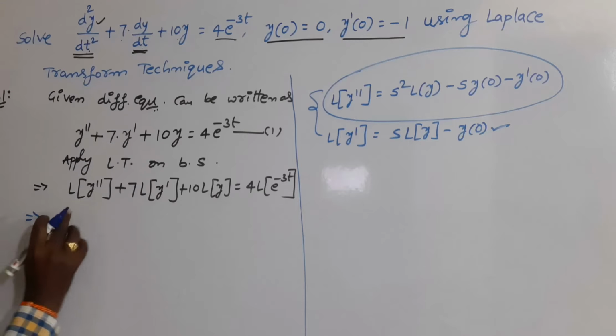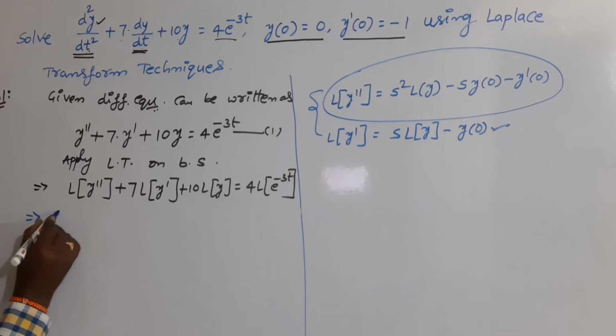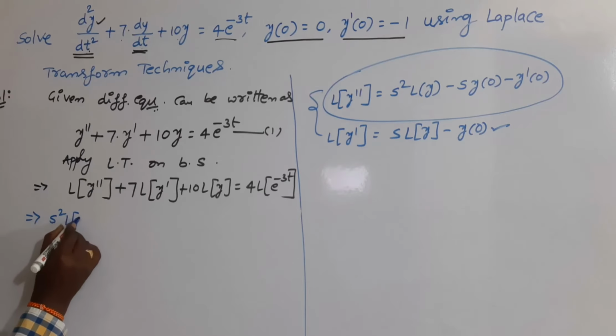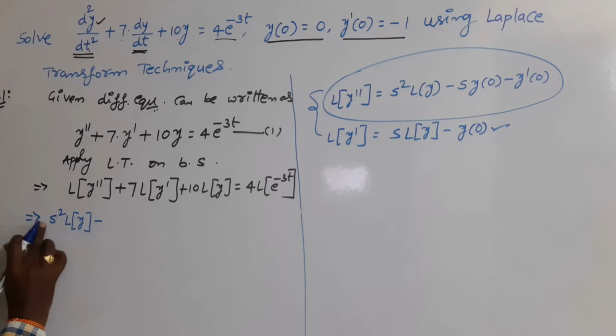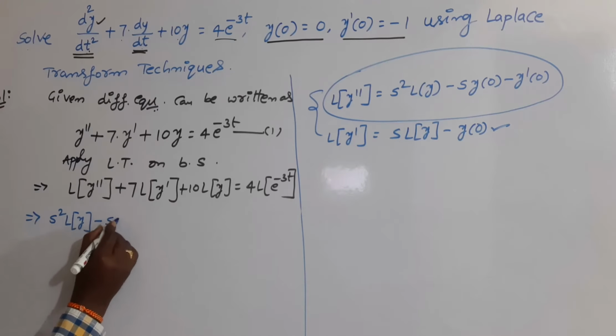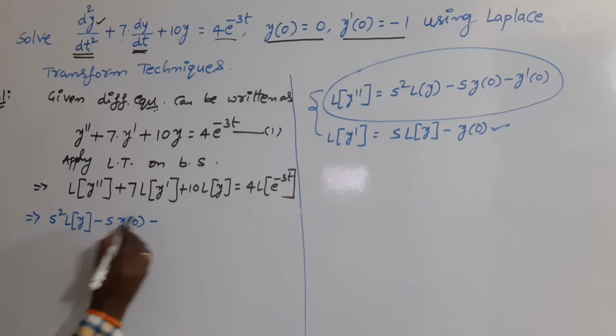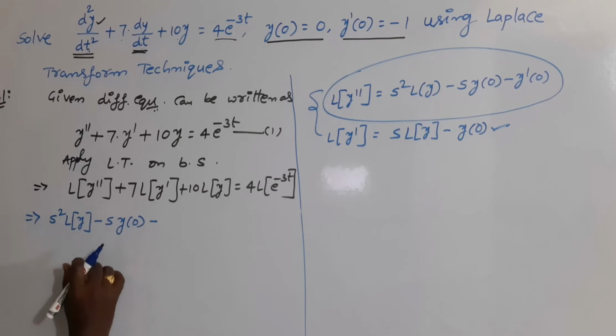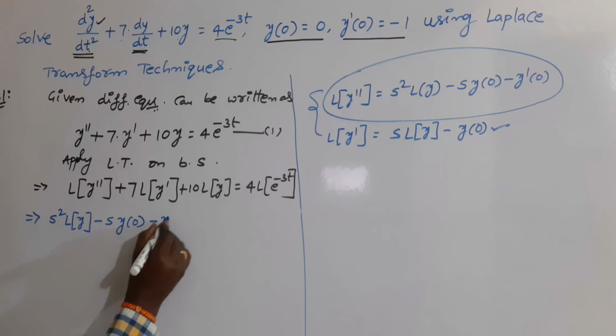What is L of y double dash? s square into L of y minus s into y of 0 minus s power 0 into y dash of 0. What is s power 0? 1. So after y of 0 we write y dash of 0.